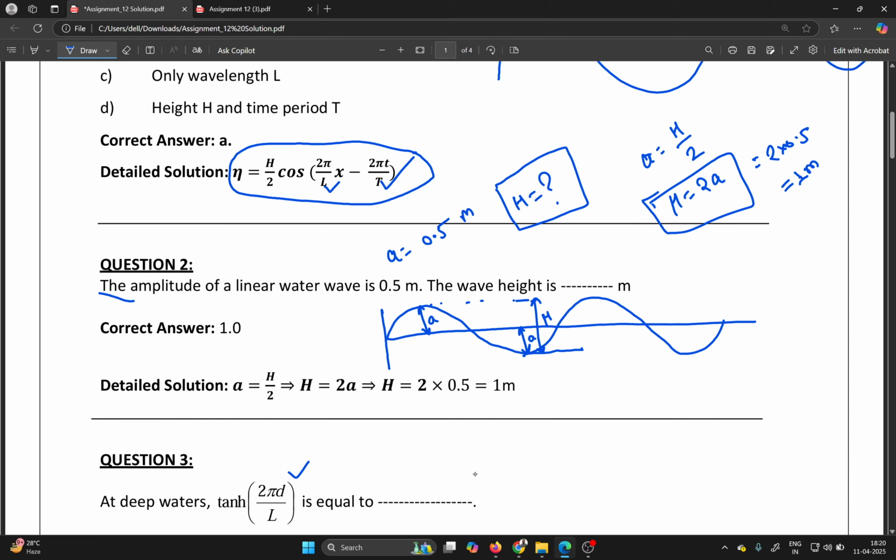So the answer for deep water is that tanh of 2 pi d by L will be 1. Always remember this.